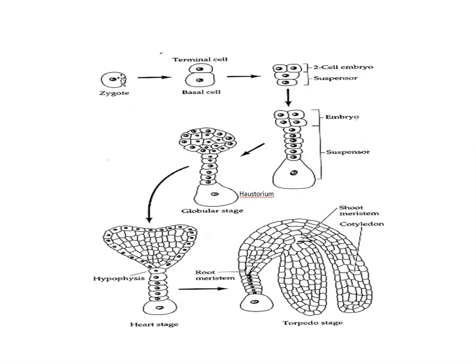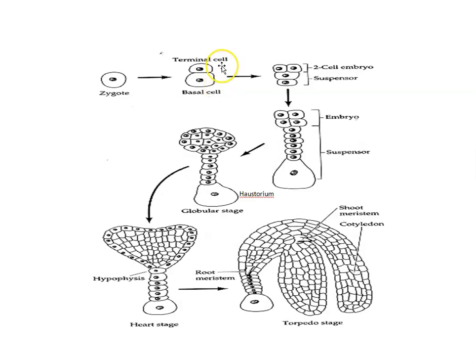Then nuclear divisions, mitosis and meiosis. So here you can see this divides to form two cells, terminal cell and basal cell. Then differentiation of embryonic tissues means formation of protoderm, ground meristem and procambium, then gene expression regulation, maturation and seed development, germination, etc. So first, the zygote means the fertilized egg that results from the joining of male and female cells.